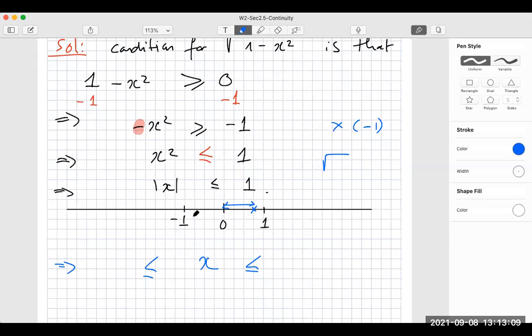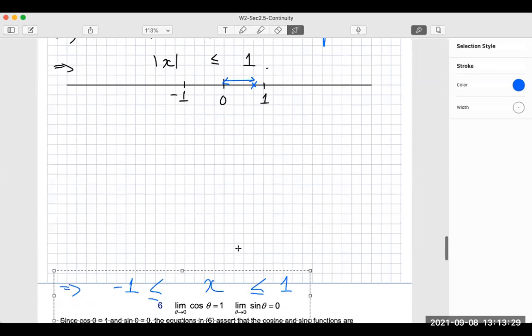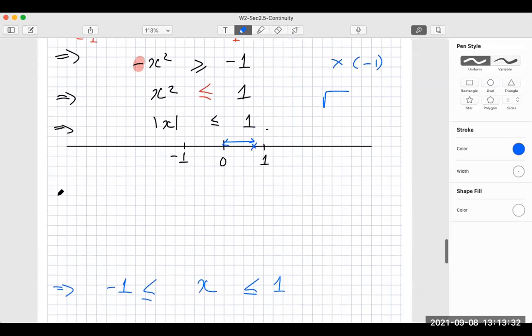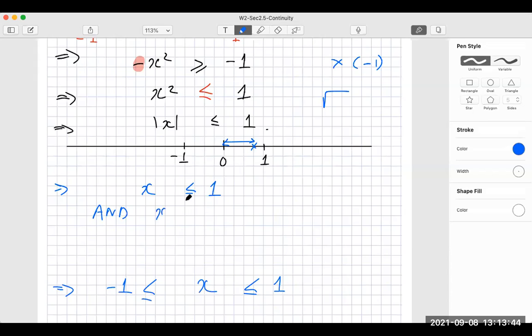It means x should be larger than or equal to -1 and smaller than or equal to 1. Makes sense, right? Or if we write it slowly, this is another way to write this thing. Okay.